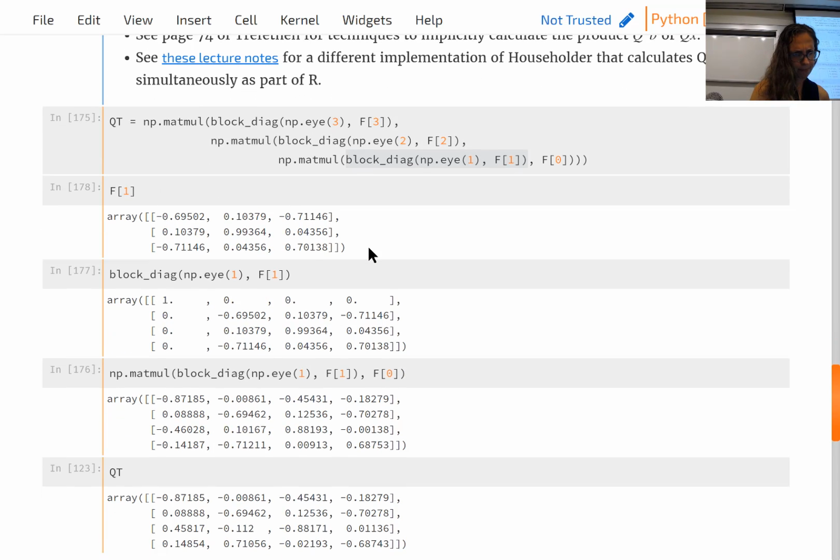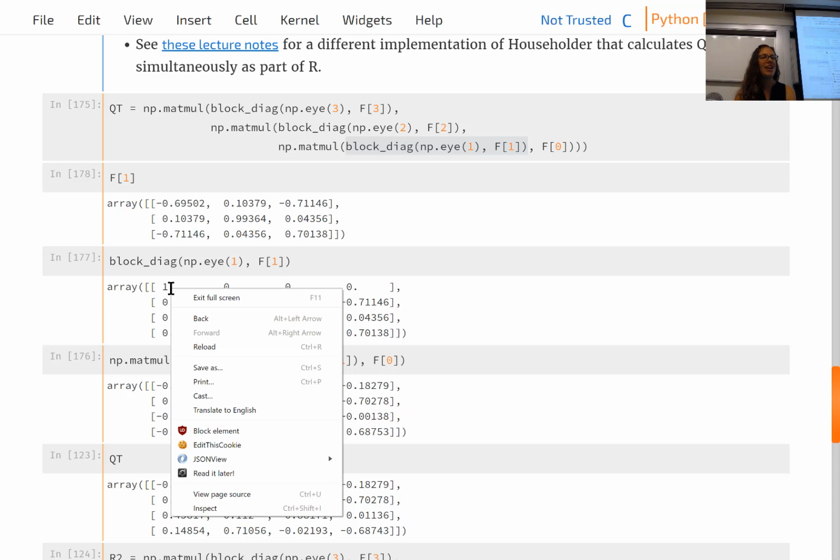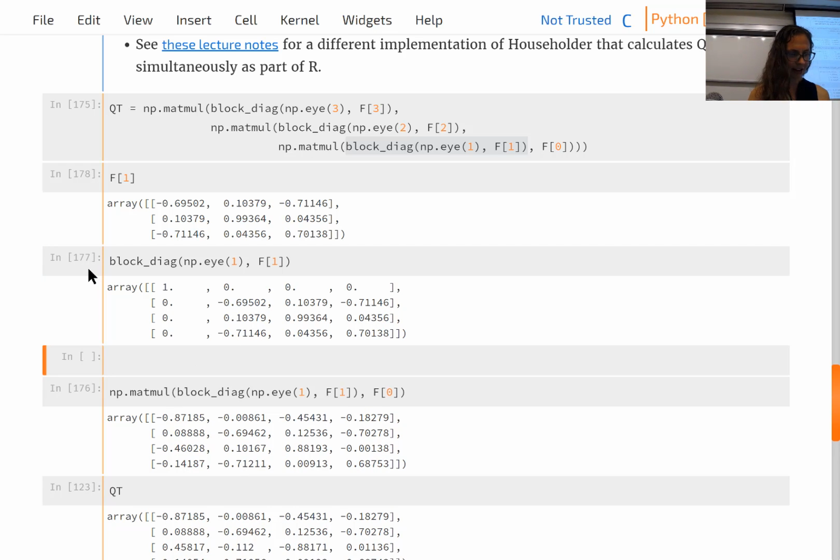Here I'm showing that I starts out small: this is a 1-by-1 identity matrix, and F is 3-by-3. Actually, this will be nice to look at.